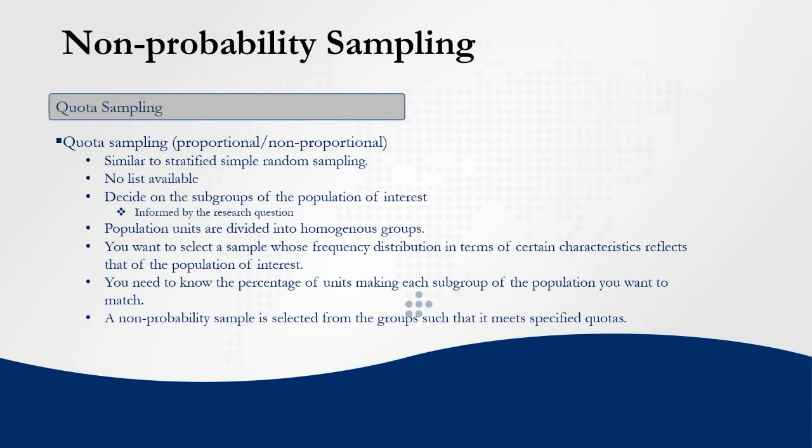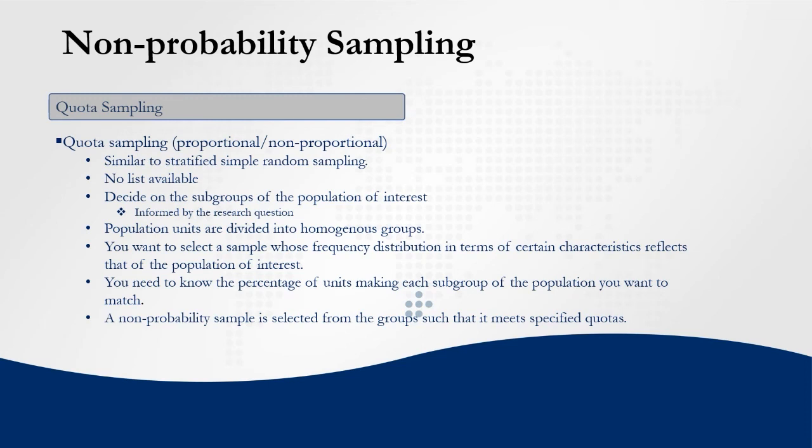I will also maybe use the level, undergraduate, master's, postgraduate diploma, to group them, because I know their behavior with regards to the use of the library differs. So I will also apply the quotas to ensure that my sample represents everyone in terms of the quota.